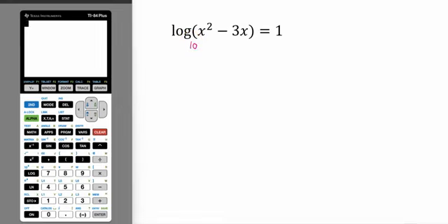Now, to convert it into exponential form, what you have is the base raised to this power is equal to the argument. And the argument is everything inside the parentheses. Now, this is a quadratic, and I can solve a quadratic if it's equal to 0.